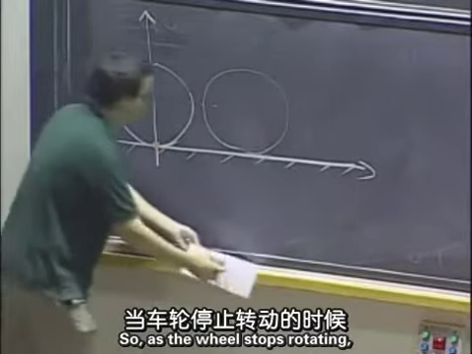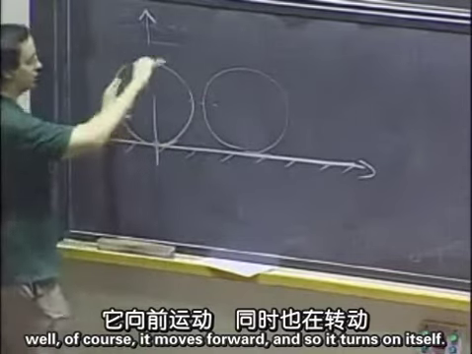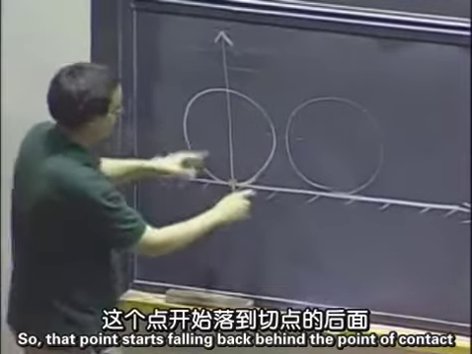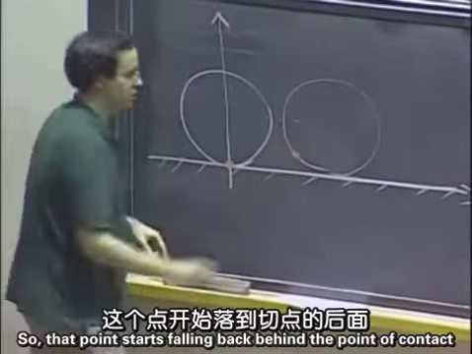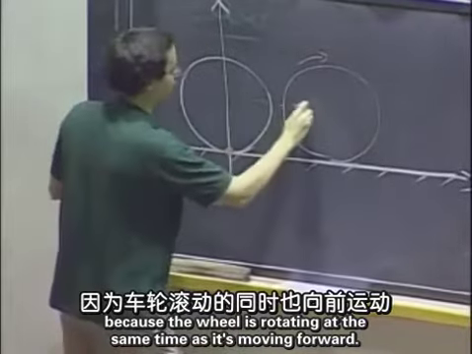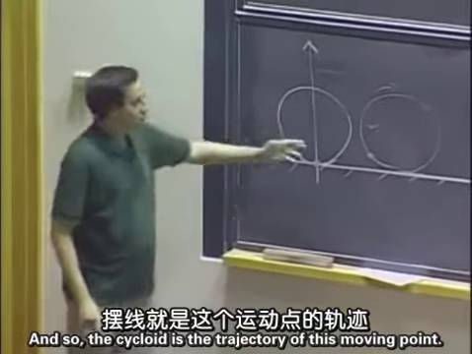As the wheel starts rotating, it moves forward and turns on itself. So that point starts falling back behind the point of contact, because the wheel is rotating at the same time as it's moving forward. And so the cycloid is the trajectory of this moving point.